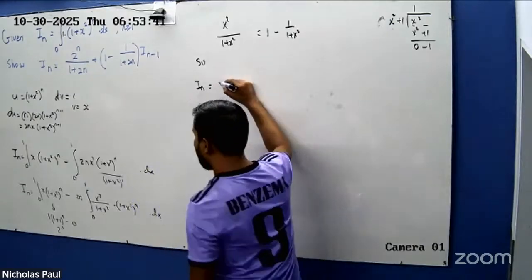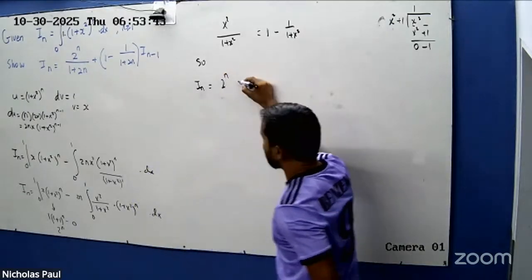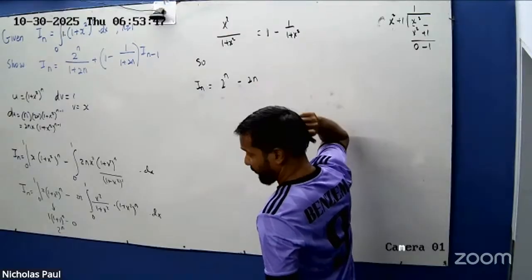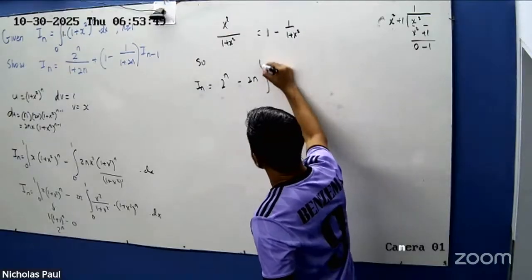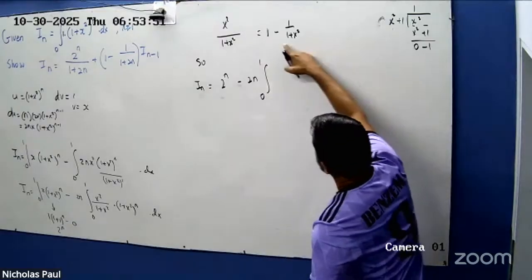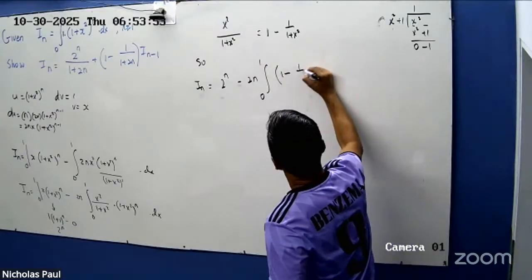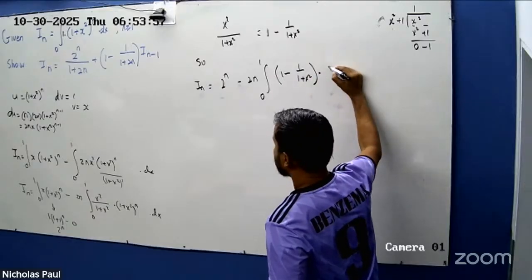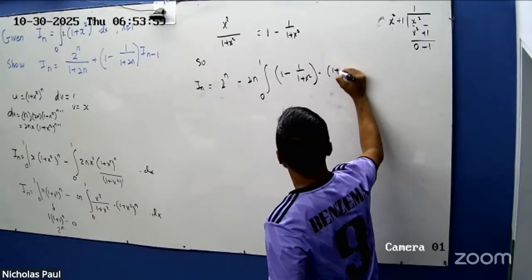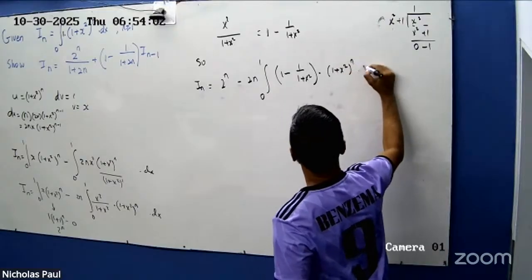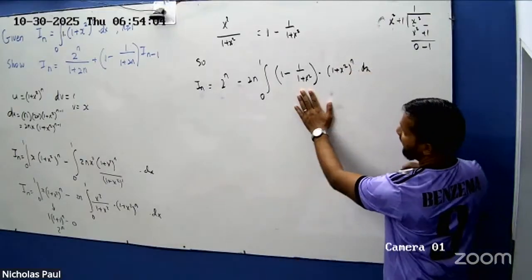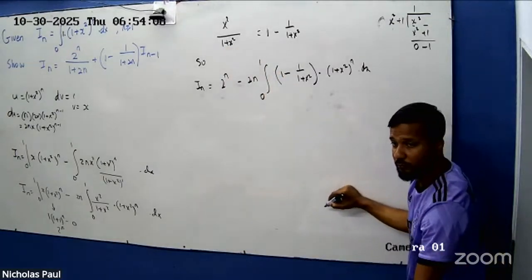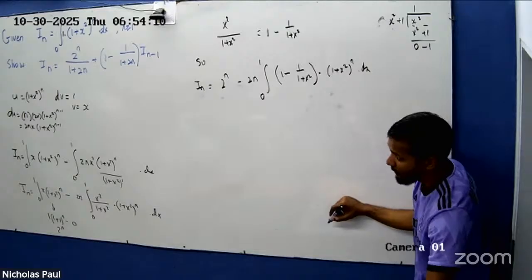So now I have 2 to the n minus 2 to the 2 by n by the integral between 1 and 0 of, let's plug in this now, 1 minus 1 over 1 plus x squared, by 1 plus x squared to the n. So all I did is I replaced this with this. I'll do it myself. You're almost done.